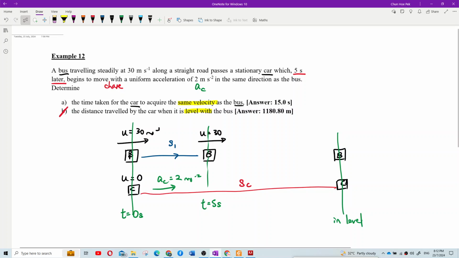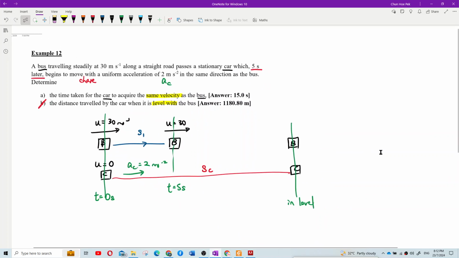So how to find this? Question B is to find this displacement of the car. Class, do you understand? Can you keep up with what I teach here? You understand? Hopefully, you can give some response to me.